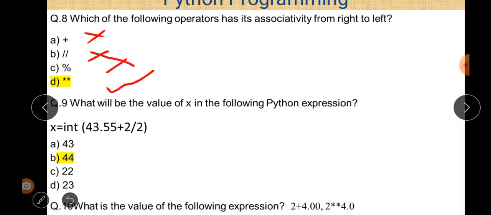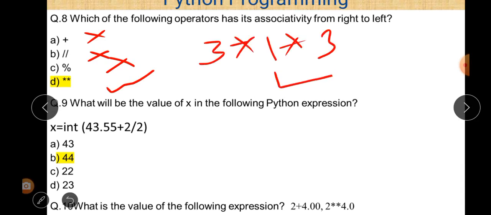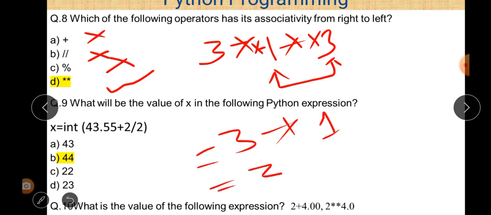Exponent is the correct answer, because in a previous question we already solved it like that. First 1 double star 3 is evaluated, and after that whatever expression we get is evaluated. The most important thing is that the double star, or exponent operator, has associativity from right to left.